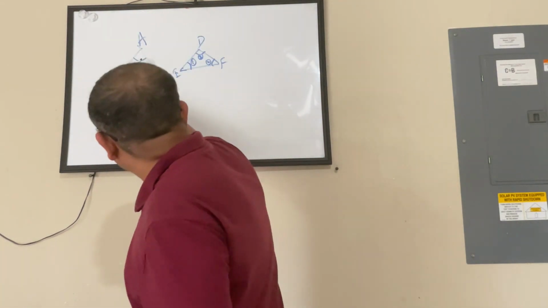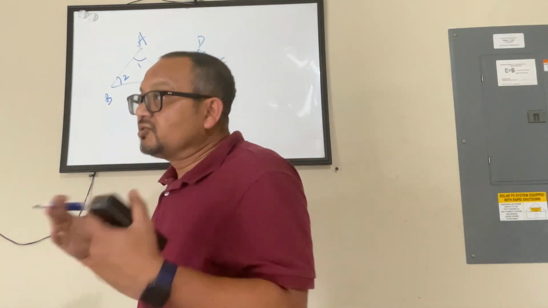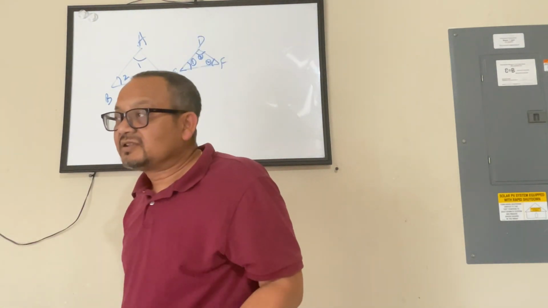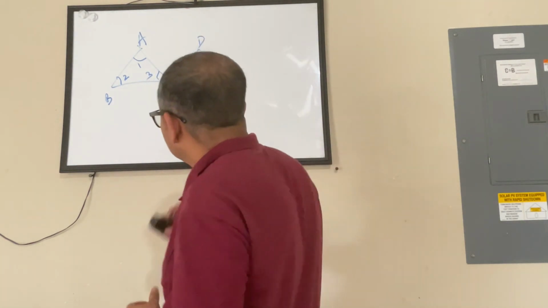Meaning, for every angle in this triangle, there is a corresponding matching angle in the second triangle. That's what makes it similar. They look similar, but are just different in size. One might be bigger, one might look like a squeezed version of a triangle.